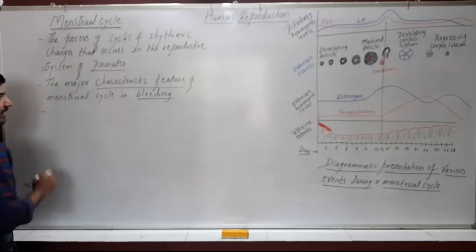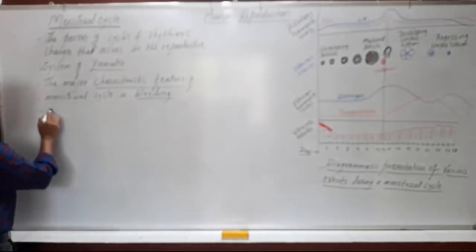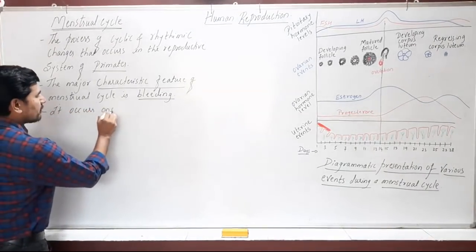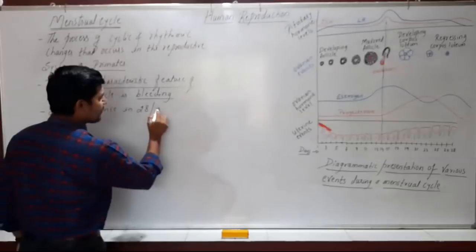Now, the menstrual cycle occurs once in a month, and hence it is also termed a monthly cycle. It occurs once in 28 or 29 days.